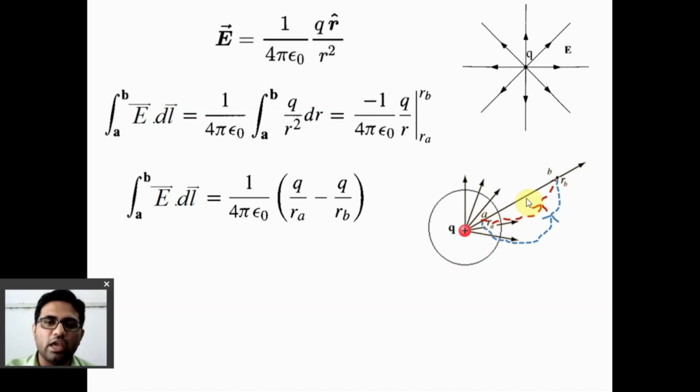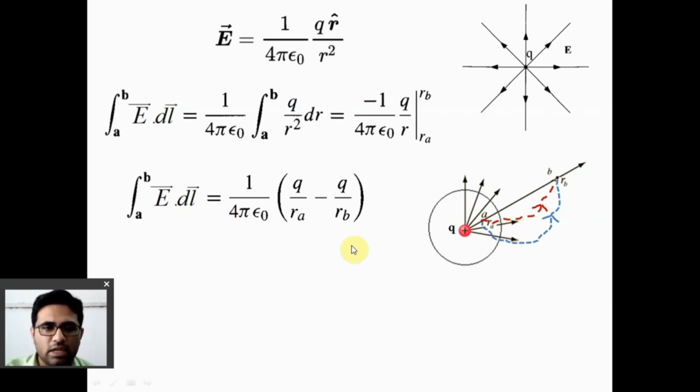We can reach from A to B through different paths. It is not necessary that we go along this particular direction. We can go along this direction or that direction, so different paths are possible.